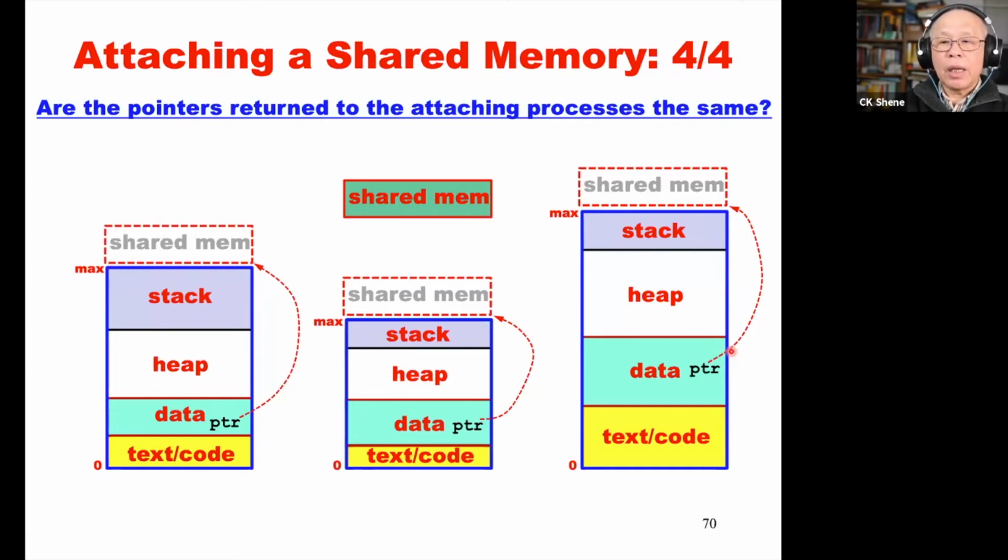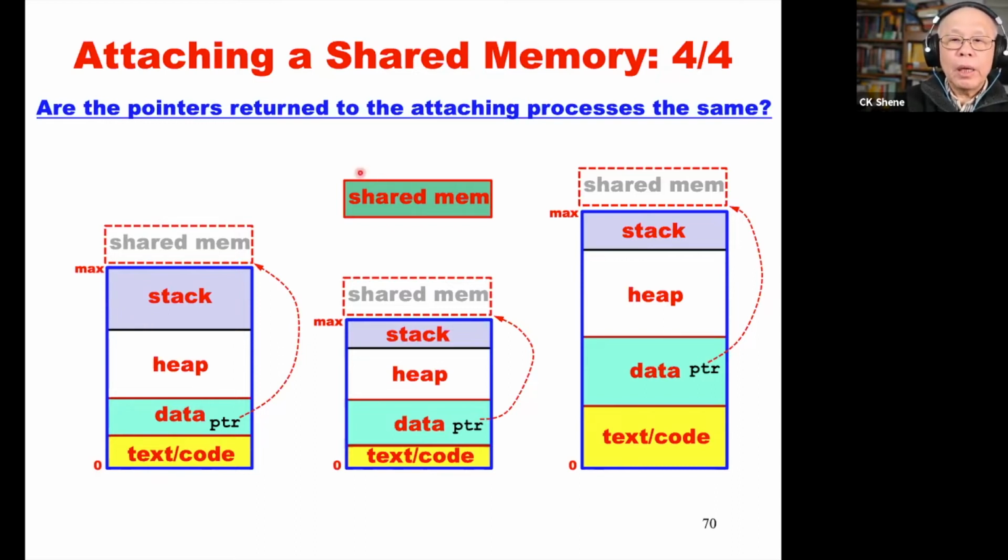Let's take a look at an example. Suppose I have 3 processes running, and each process has this address space. You have the code section, data section, heap, and the stack. This process also has these 4 sections. Process 3 would have the same. So 0 is the first byte of this address space, and max is the last one.